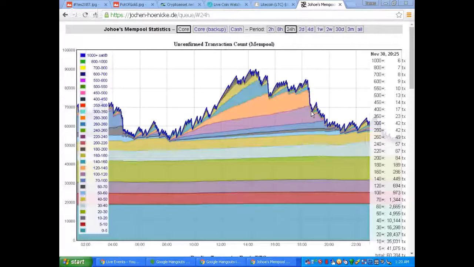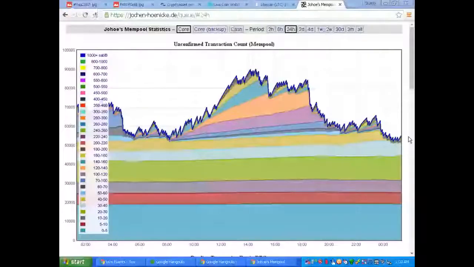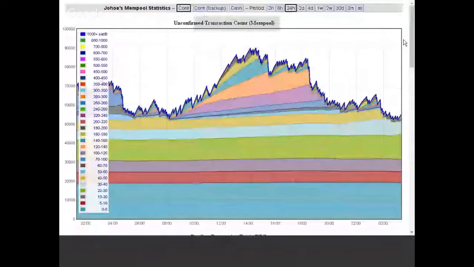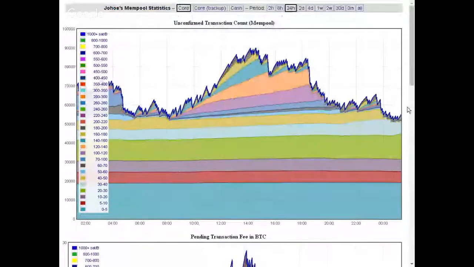All right. So here we are on Joho's mempool statistics, and there we go.